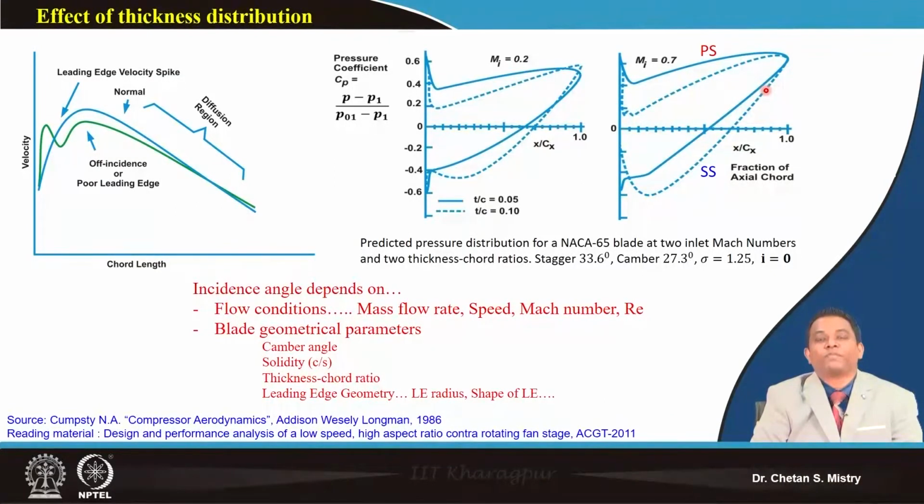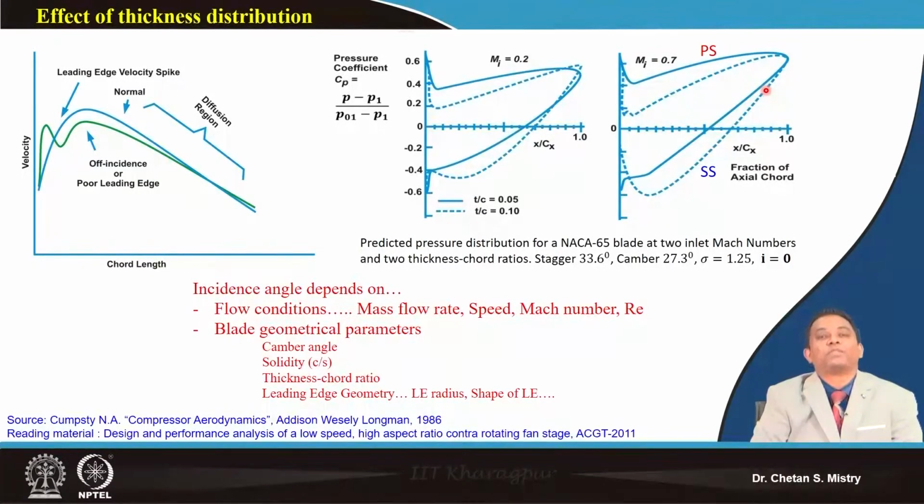Let me tell you, for the leading edge, the radius is roughly 15 to 20% of my thickness ratio, and for the trailing edge it is approximately 0.5 to 0.7 of my thickness ratio. So we can understand that when we change our thickness distribution, my leading edge shape and trailing edge shape will change accordingly.